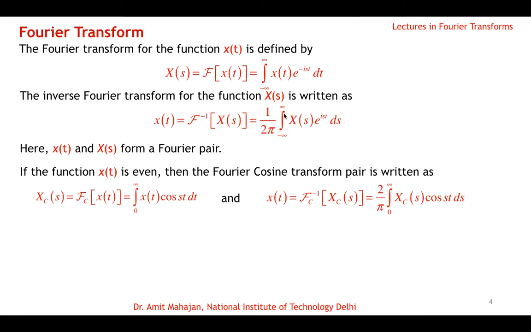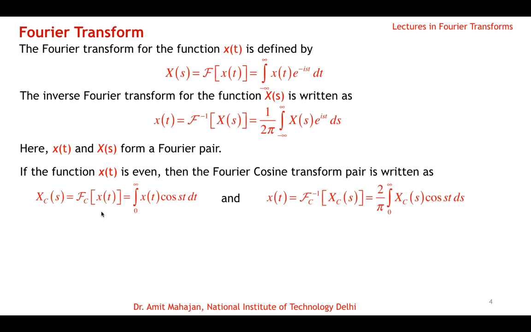And here also it will be 2 times 0 to infinity, so it will be 2 here and 1 by pi here. So basically the product is 2 by pi. Instead of writing 2 here and 1 by pi here, we are writing 1 here and 2 by pi here, just because we are treating 1 as the coefficient in the forward transformation, and whatever coefficient is there in the reverse transformation.